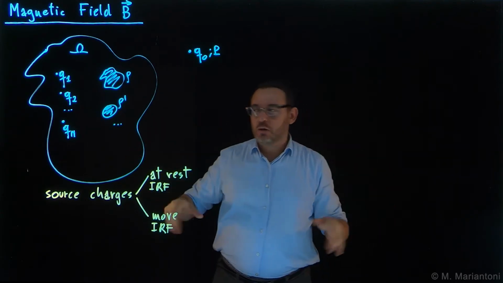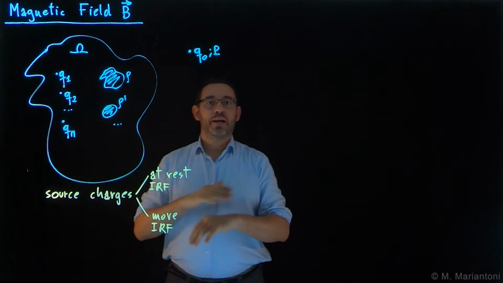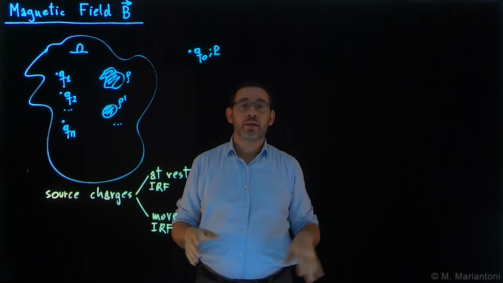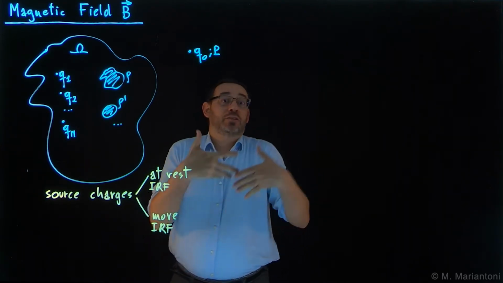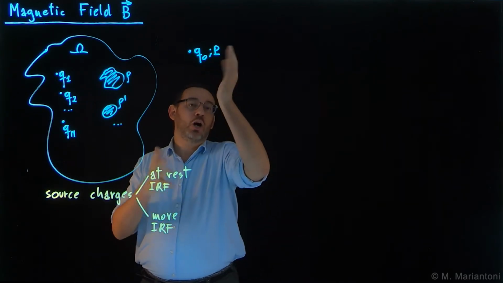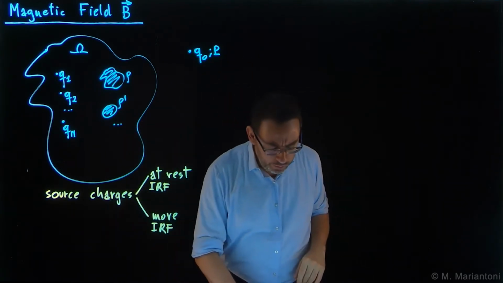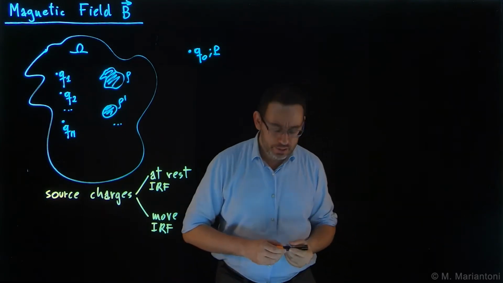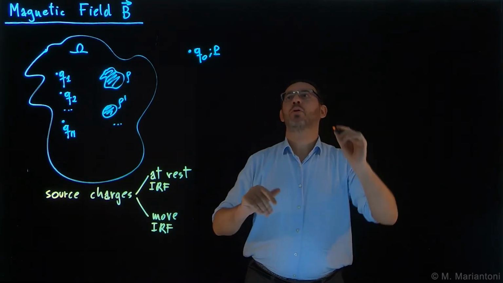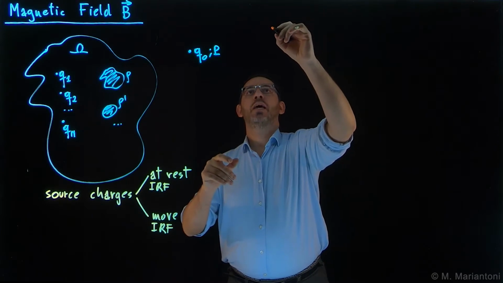So I want to investigate the total force there. Obviously we know that if these charges were at rest, nothing was moving, clearly we should expect here to see only an electric force, an electrostatic force in fact, and so only an electrostatic field E. In general, the situation is a little bit different. So let us summarize what's happening here with a table where we have the following entries.